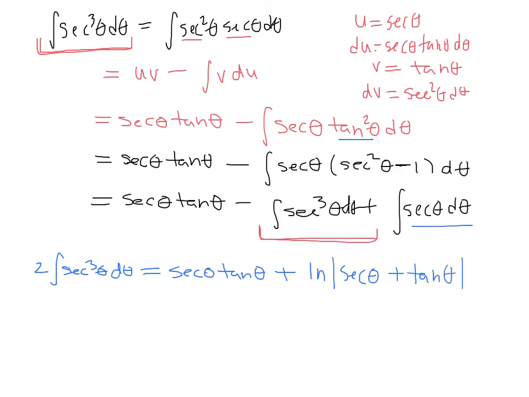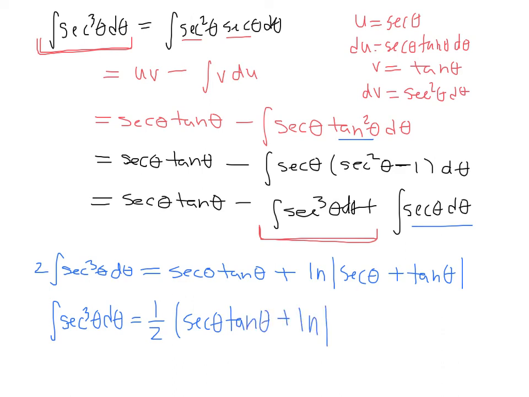And now to find the antiderivative we just divide everything by 2. So the antiderivative of secant cubed theta d theta is 1/2 times secant theta tan theta plus ln absolute value of secant theta plus tan theta. That's a pretty tricky integral.